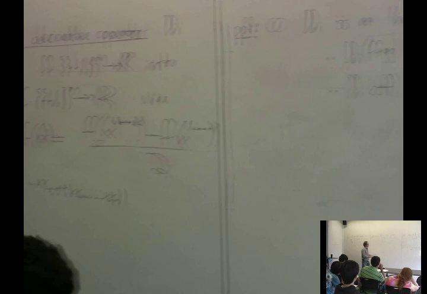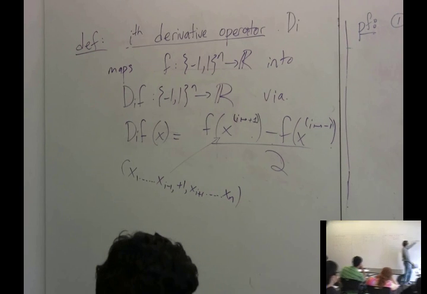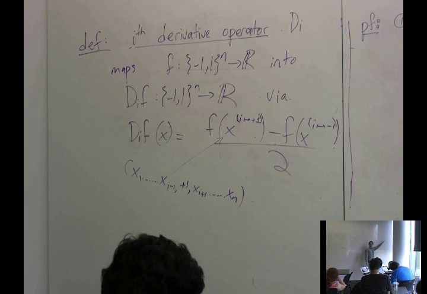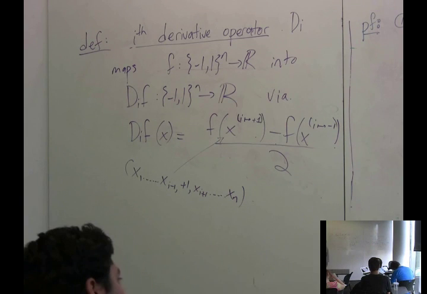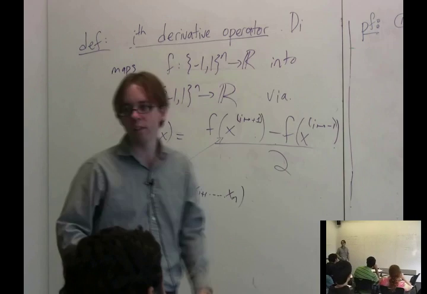So good. That means if this is f(x), it's the sum of a bunch of smaller functions, each of these monomials. So you can take its derivative by just taking the derivative of each little piece.